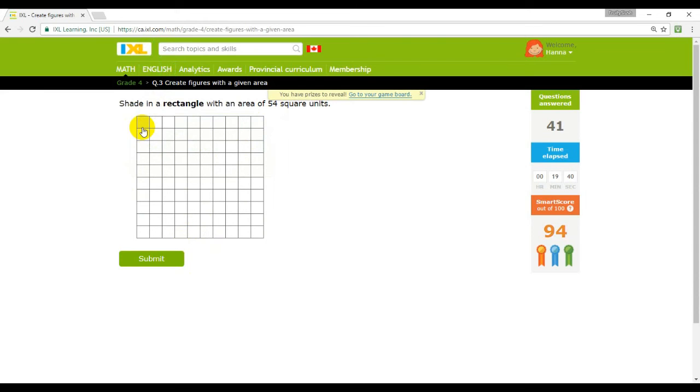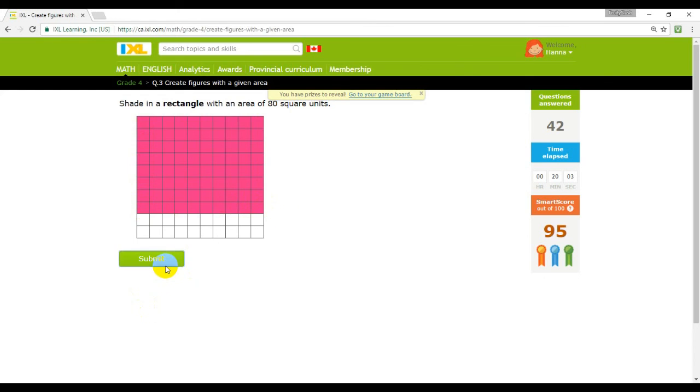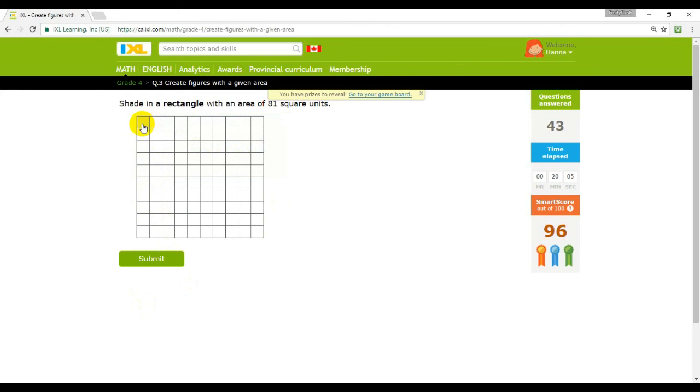That would be 6 times 9, so that would be 9 rows of 6 or 6 rows of 9s. 80 squares, 8 rows of 10s. 81, that'll be 9 rows of 9s.